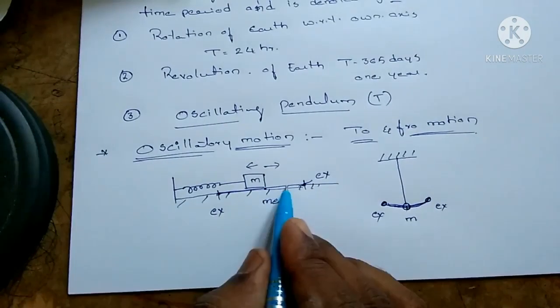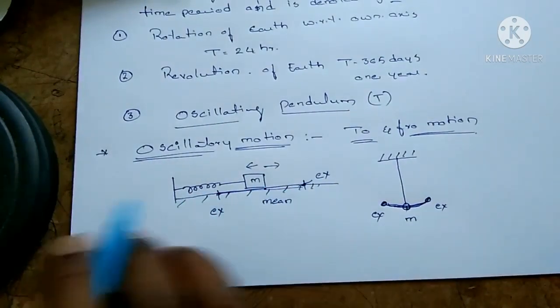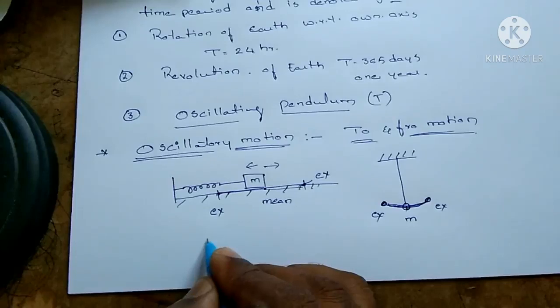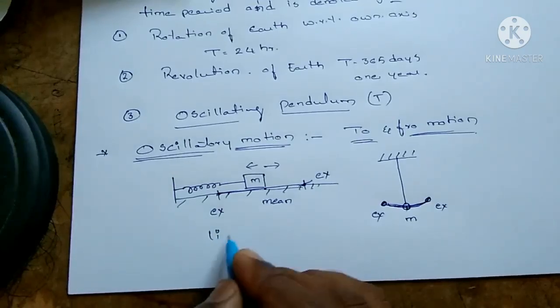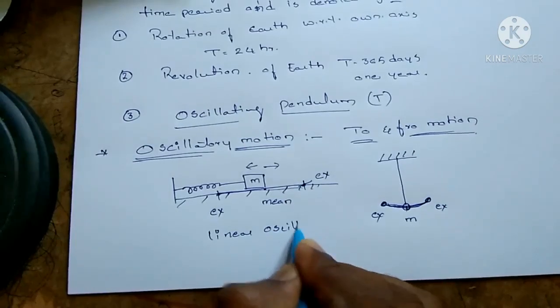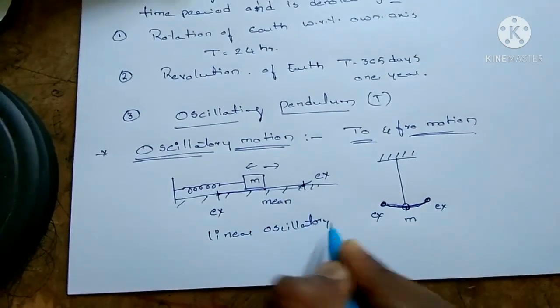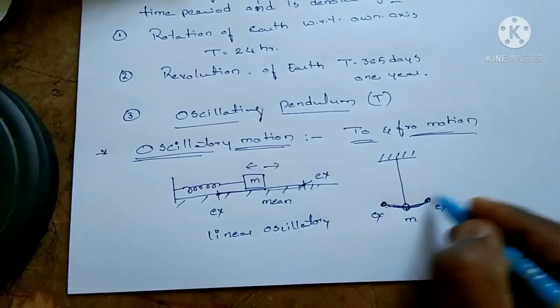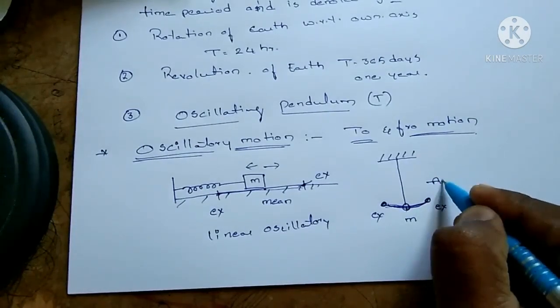Here the spring and mass on the horizontal surface is a good example for linear oscillatory motion, and the simple pendulum is a good example for angular oscillatory motion.